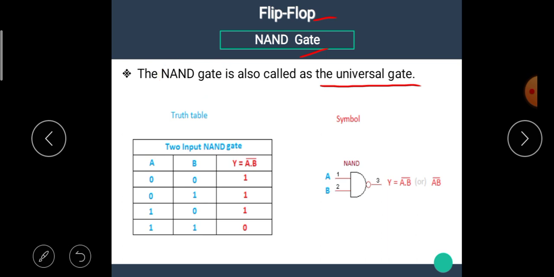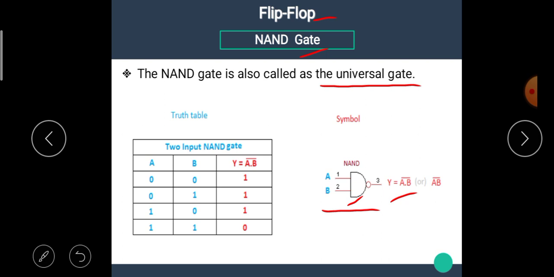This is the symbol of the NAND gate. If A and B are the input of the NAND gate, then the output of the NAND gate is (A into B) bar. That means the complement of the product.